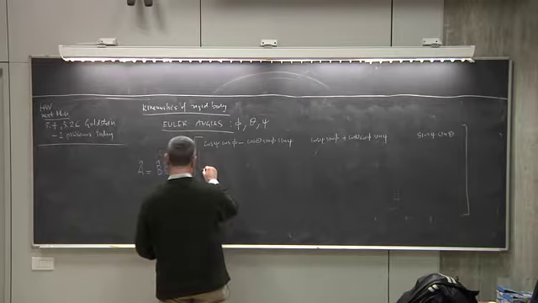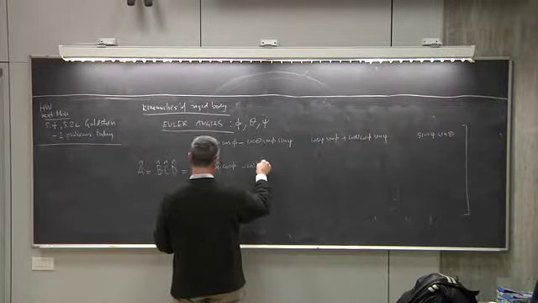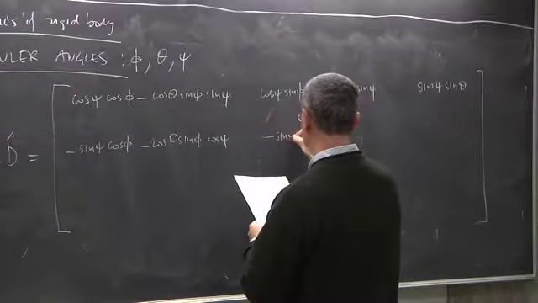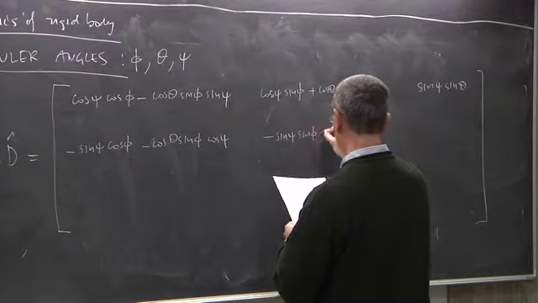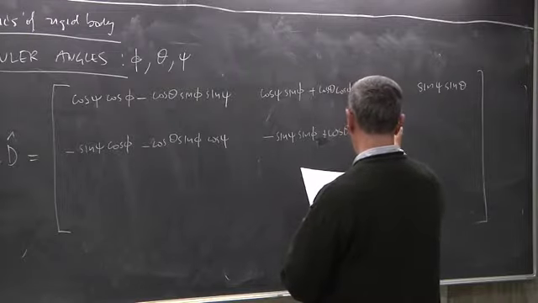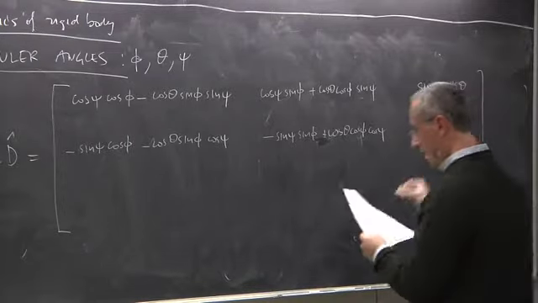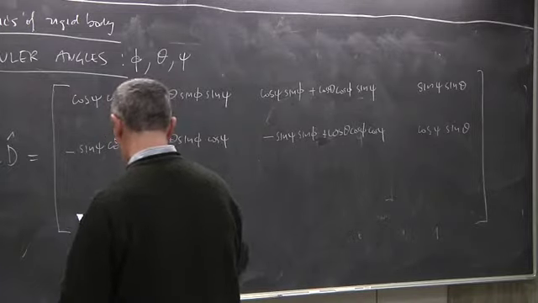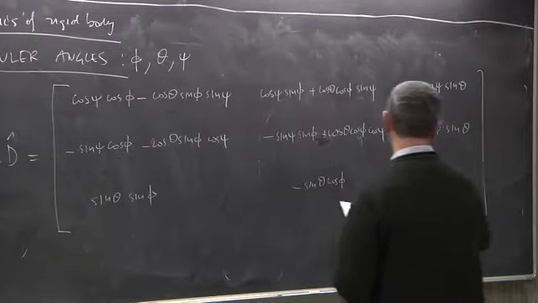But okay, never mind. So this is the 2-1 element. This is the 2-2. And finally, the last row is just sine theta sine phi, minus sine theta cos phi, and cosine theta.